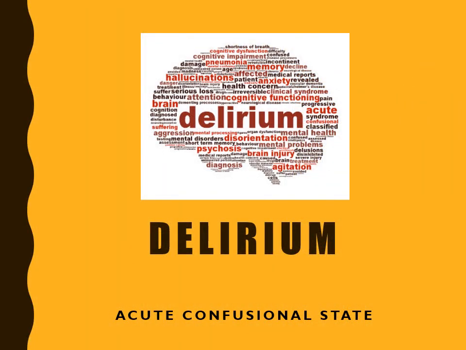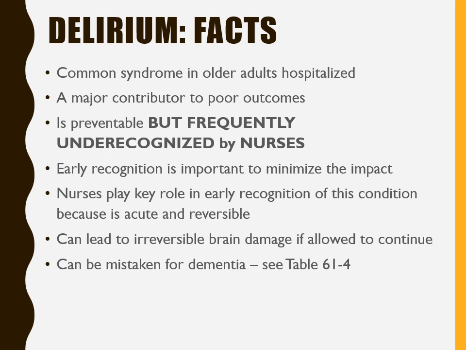Delirium. Delirium, first of all, I want you to take a look right below delirium. Acute confusional state. Okay, so delirium is an acute confusional state. That means it's very short term. The fact we know is that it's a common syndrome in older hospitalized adults, because when they are not in their regular home, unfortunately, as more time passes, it can cause, and especially because we go in there every 2 hours or every 4 hours to take their vital signs, it can get where they get mixed up in their days and their nights.